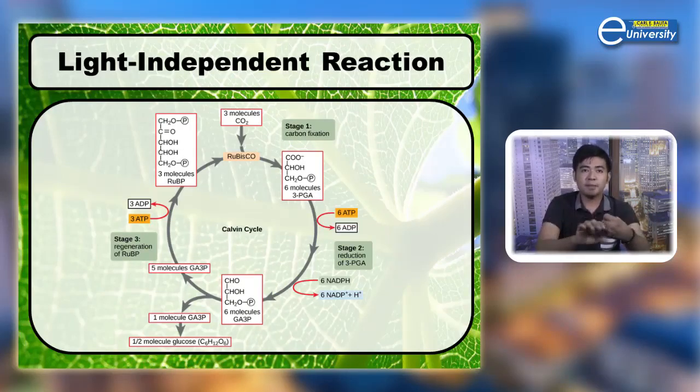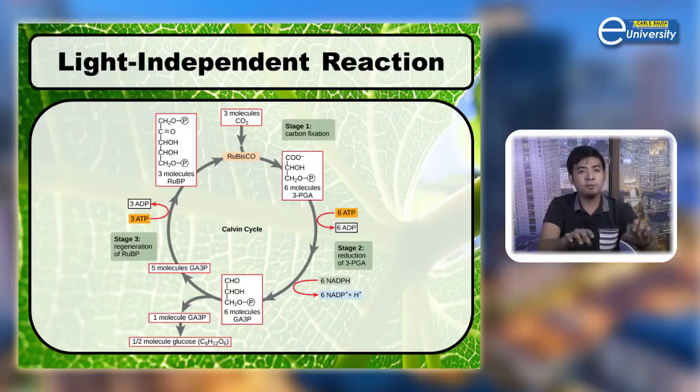The third step is the regeneration. It is called regeneration because it is the stage in which a certain substance is regenerated, and that substance is called the rubisco, or the RuBP. So RuBP is an important enzyme used in the carbon fixation for us to convert carbon dioxide into PGA molecules.